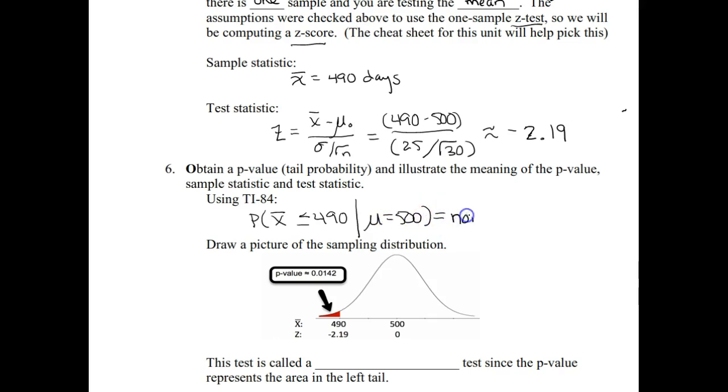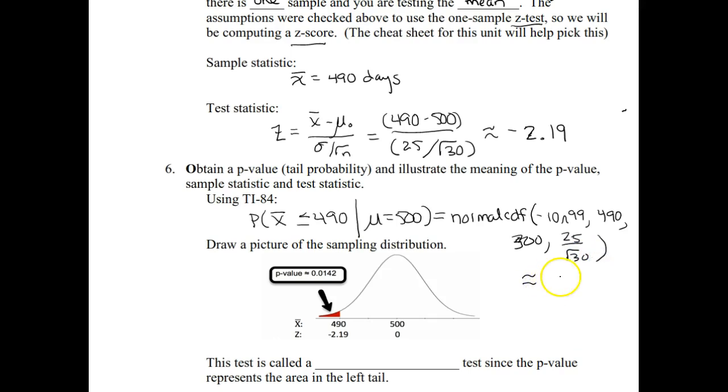And we use normal CDF for that. From our shading here, we can see that it starts on the left at negative infinity and ends at 490. The mean was 500, and the standard deviation was 25 over root 30.